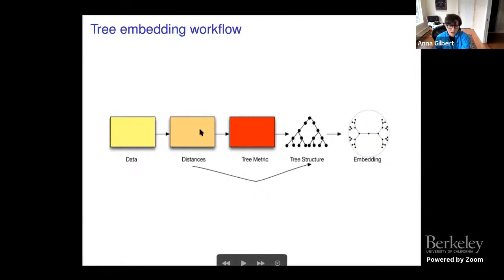So TreeRep goes from distances to tree structure, which you can then embed in, let's say, the Poincare disk. So this is like two-dimensional hyperbolic space. Hopefully it is useful for all sorts of tree-like data. So we're currently investigating its applications.